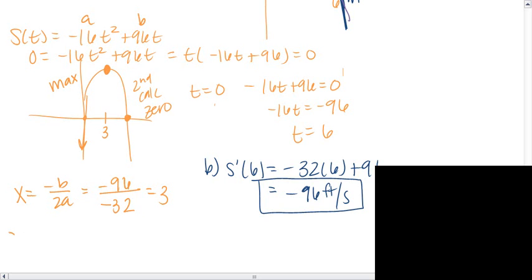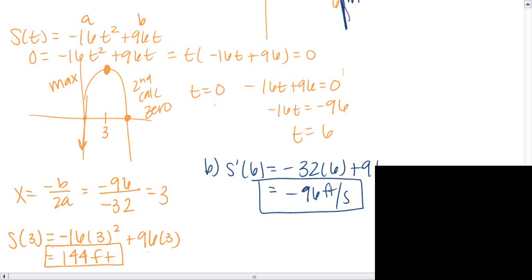To figure out what that height is, we just plug a 3 into the original equation. Since we're looking for a position and not a velocity, we would use the original equation. You could use your calculator for this as well. And I'm getting 144.